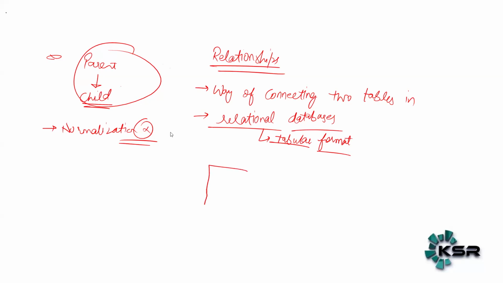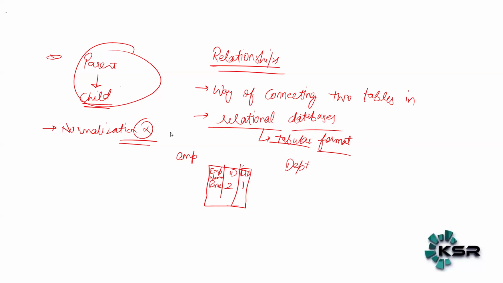Suppose you have two tables. This is the employee table, and this is the department table. The first column will be employee name, then ID, and then the department ID. The employee name can be Prince, ID can be 2, department will be 1.